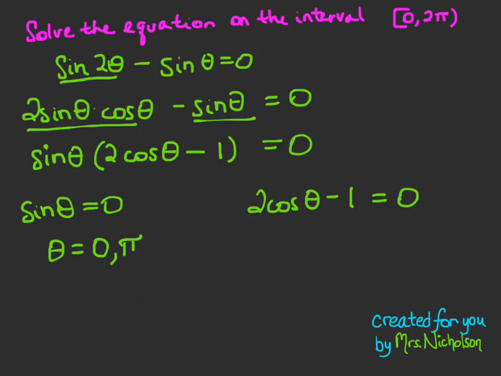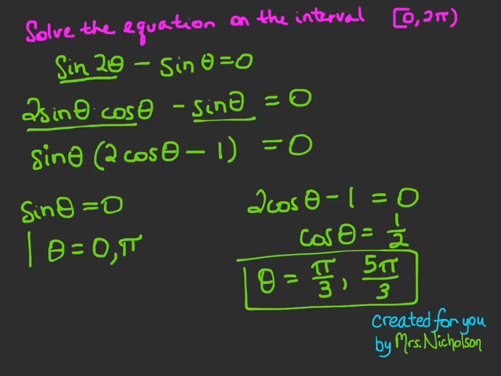In my other equation, cosine theta would be equal to 1/2, and that happens when theta is equal to pi over 3 in the first quadrant, and then cosine is also positive in quadrant 4, and so I need that pi over 3 angle from quadrant 4, and it's going to be 5 pi over 3.